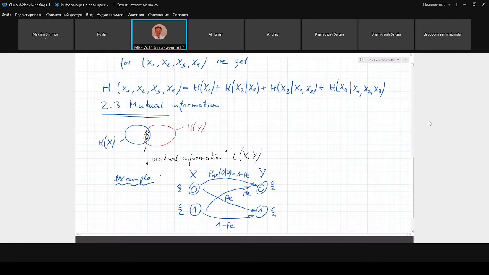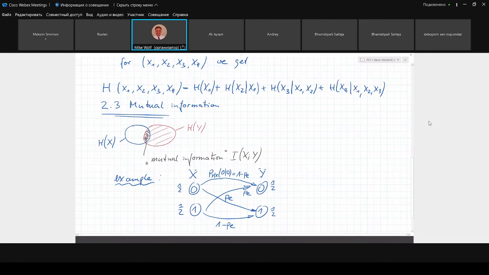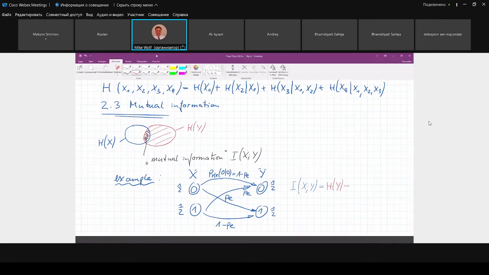One method would be, if you take a look at the red area, this is H of x. And you could say that the mutual information, this is our notation for mutual information, is just the red, so H of y minus, what do I have to subtract?